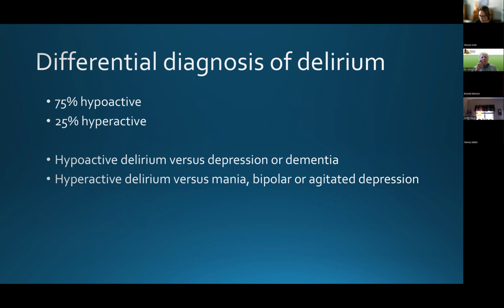As related to one of the questions, the vast majority of delirium is associated with the hypoactive version, and 25% are what we consider classic delirium, which is agitation and behavioral changes. The hypoactive version is typically the person just lying in bed, doesn't want to be bothered, right?